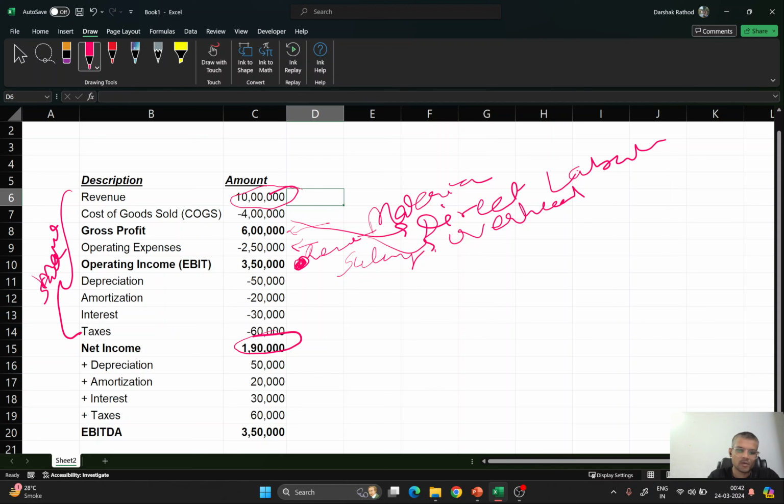Now, depreciation and amortization are non-monetary expenses, interest is of course a monetary expense, and this is also a cash outflow, we will see these two. But these two are just shown in the books. So if we add these four back to our net income, then we'll get this EBITDA. So in this way, it's calculated. Let's go back to the presentation.